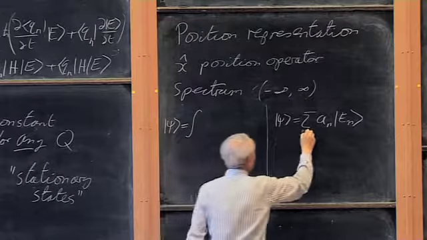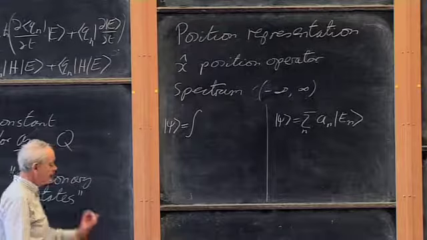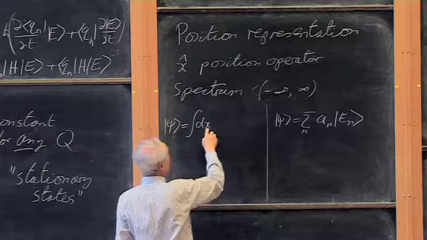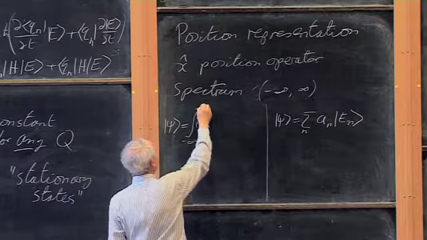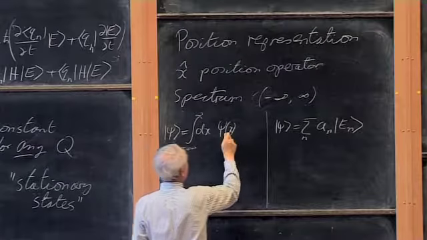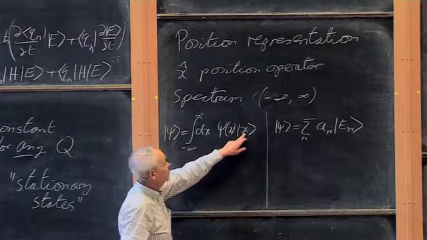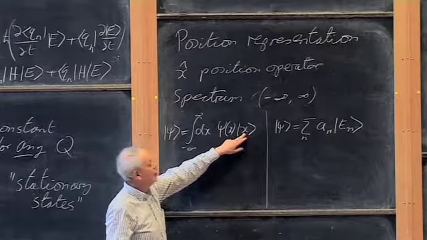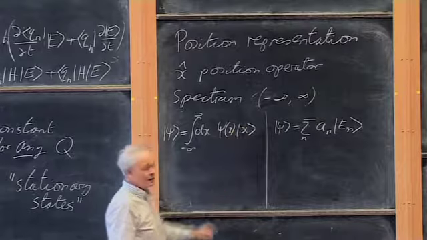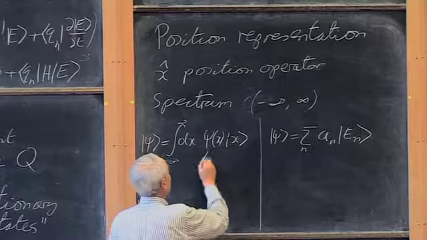That sum over the discrete set of possible values, numbers in the spectrum, becomes an integral over the possible values in the spectrum, so that's from minus infinity to infinity, of some amplitude, the amplitude to be at x, times the state of definitely being at x. So this is the state that the system is in when it is at x, when our particle or whatever is at x, and this is the amplitude to be at x, right?